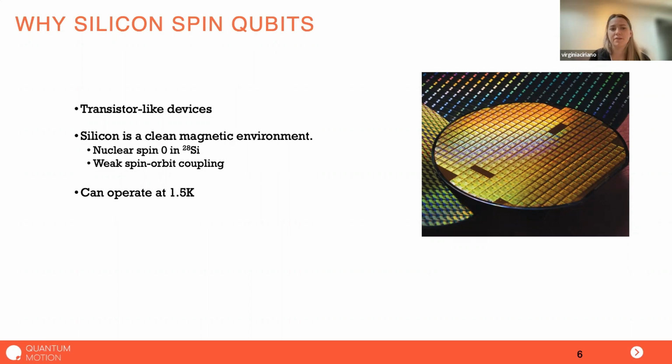And the third one, which is quite nice, is that recently it was demonstrated that silicon quantum dots can operate at 1.5 Kelvin. Why is this important? It's because most qubits work at millikelvin. It is very expensive to get to these temperatures, and also the amount of cooling power in that stage is very small.